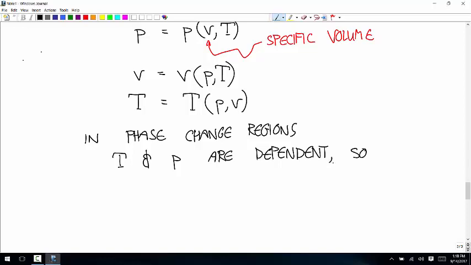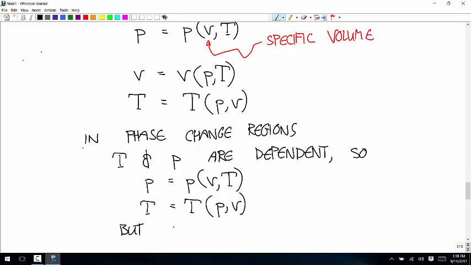And so you can write the pressure as a function of specific volume and temperature, and you can write the temperature as a function of pressure and specific volume, but not the specific volume. That's it. Any questions about any of that?